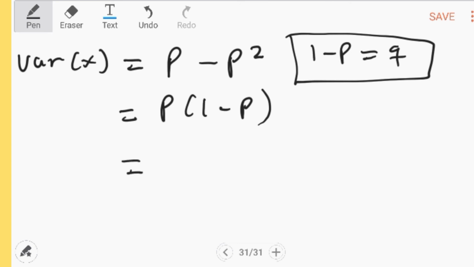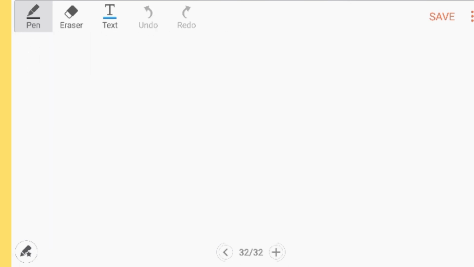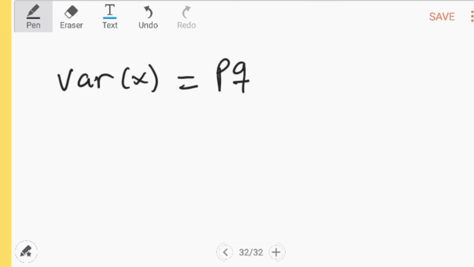So we can actually write this as pq. So the variance of x can be written as pq.